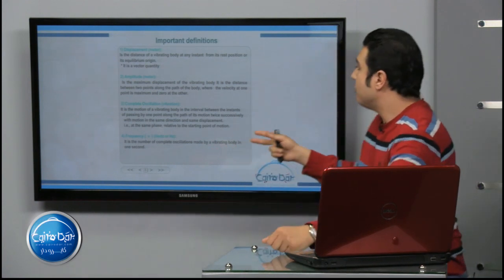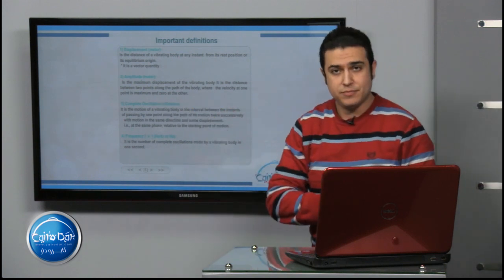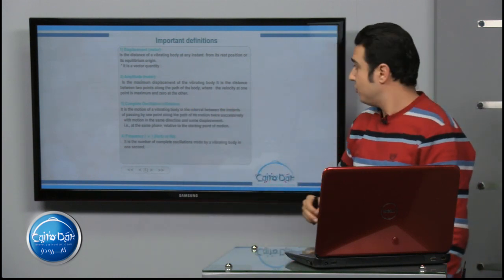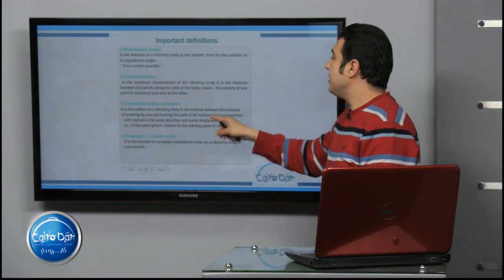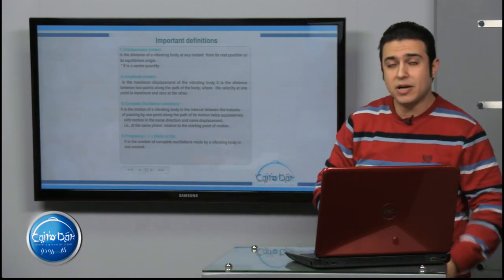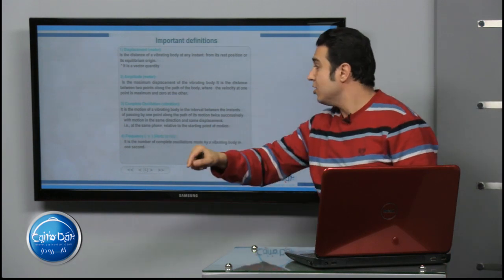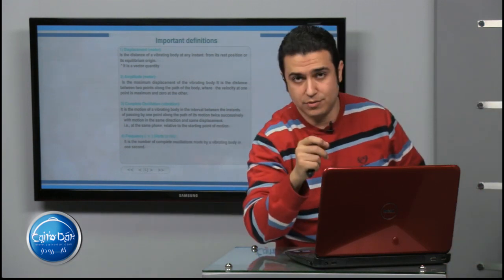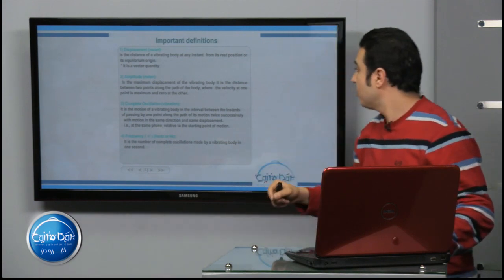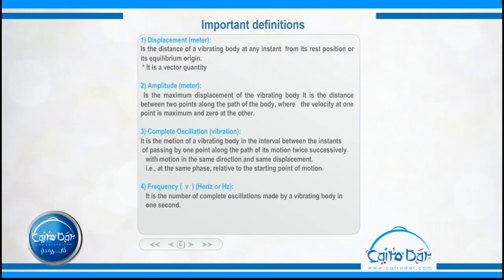So a complete oscillation is a motion of a vibrating body through an interval of time, between the instants of passing by one point twice successively, with motion in the same direction and the same displacement. And these points, of course, have the same phase, and same phase means they have the same velocity, same displacement, same direction. That's for the complete oscillation.